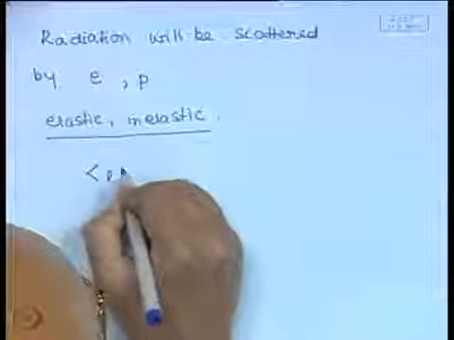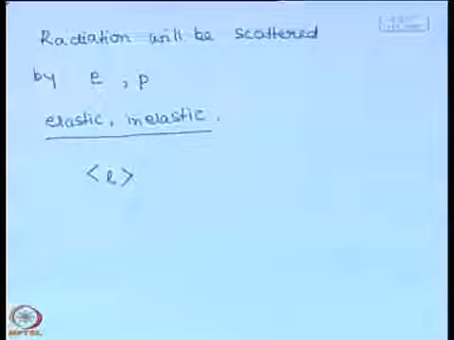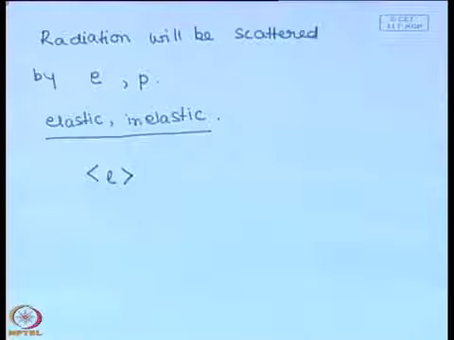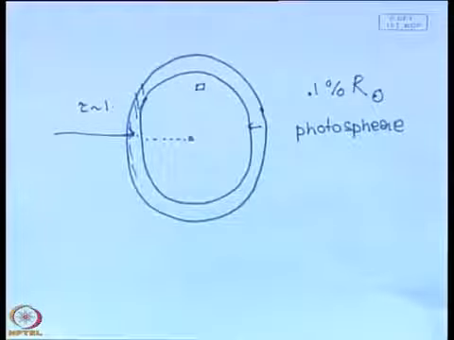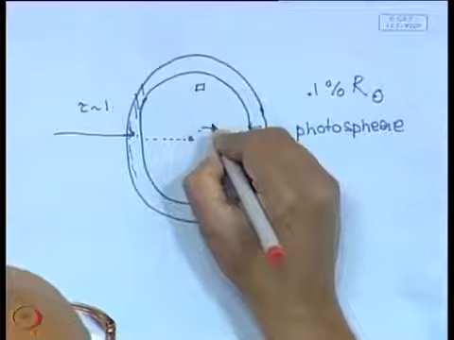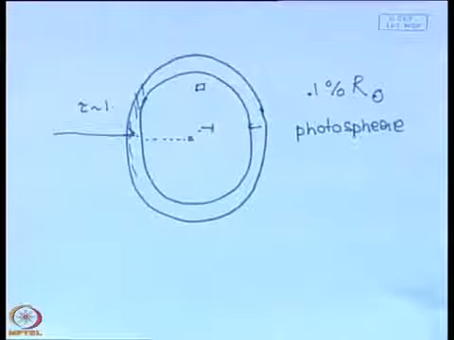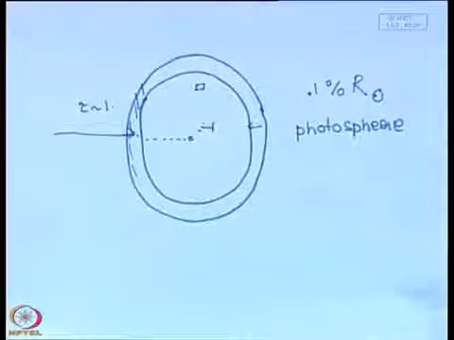So, the mean free path, which we can denote by L, that is the mean distance which the photon propagates freely before it encounters a scattering, before it interacts with the matter, right, is decided by where the optical depth becomes unity. Okay. So, what we have to do is consider a photon which starts off from somewhere, and see where the optical depth becomes unity. When the optical depth becomes unity, it means it has interacted once, with high probability.